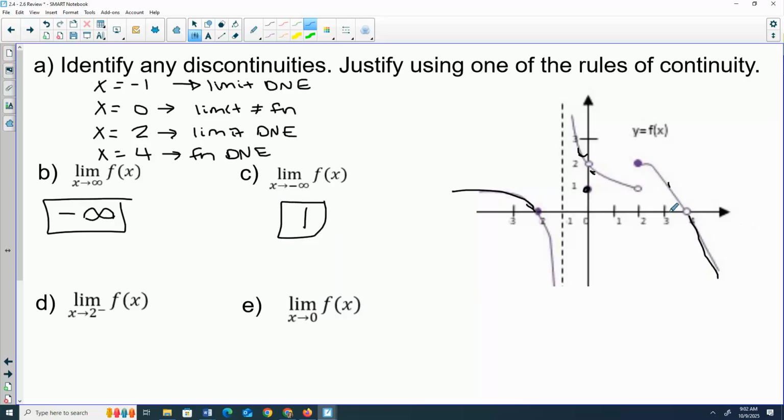Okay, as you approach 2 from the left, so you're coming in smaller than 2, what y value? 1. As you approach 0 overall, so both the left and the right, what y value are we going to? Are we doing okay with reading those graphs?